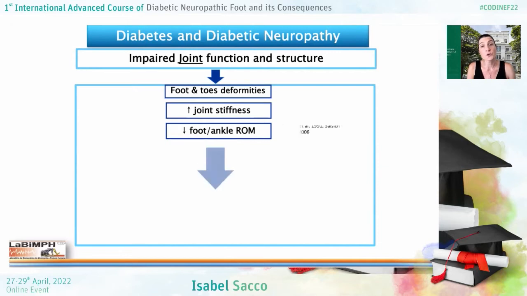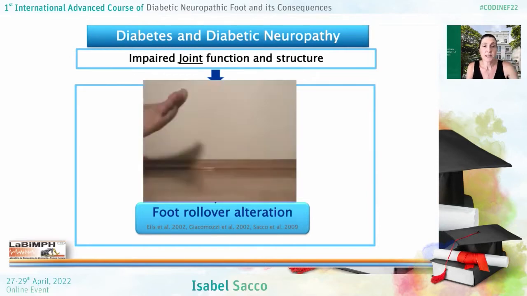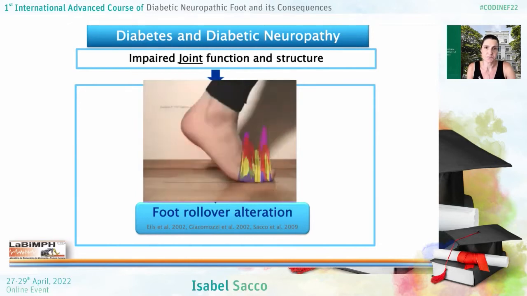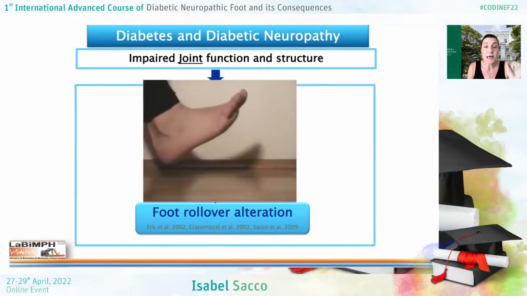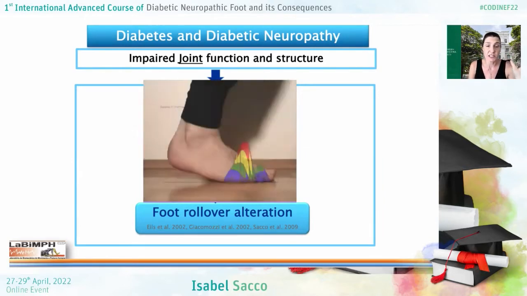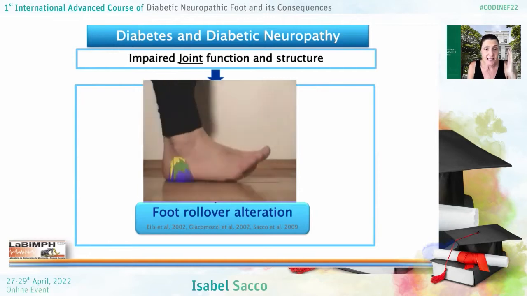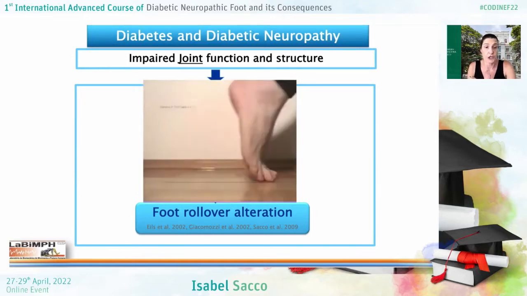a proper foot rollover during locomotor tasks, which in turn will also compromise the plantar pressure distribution. Among all variables that could be analyzed in the rollover, the peak pressure is the most commonly described parameter in this population and has been consistently associated to plantar ulceration.